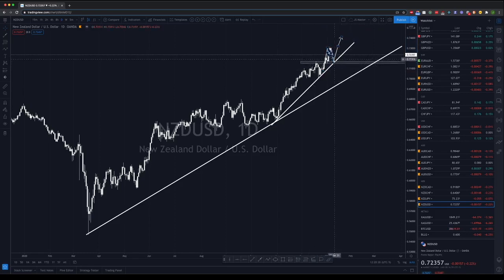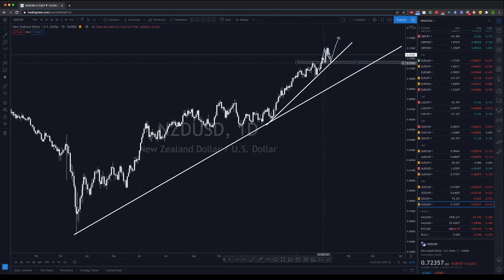If we see price come into this level and see what sort of price action is forming on the lower time frame, then I'd look for another long position. But because we already had that move up, let's get rid of this for now. Because we already had that move up, and it didn't really push much further, right?